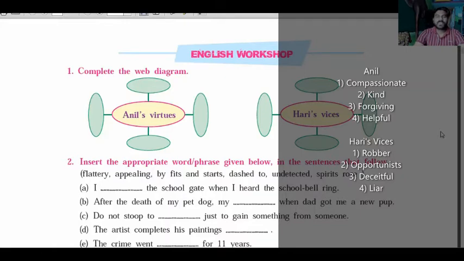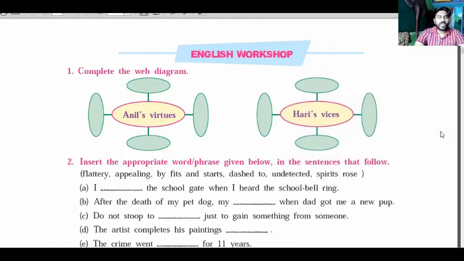Third, on the right side, is deceitful. And then fourth, in the down column, is liar. So this is the complete answer of this web diagram.